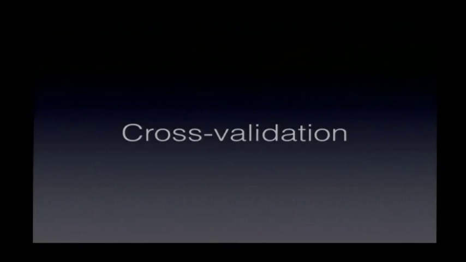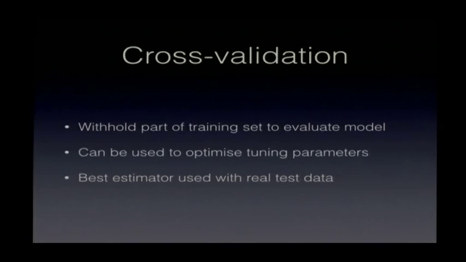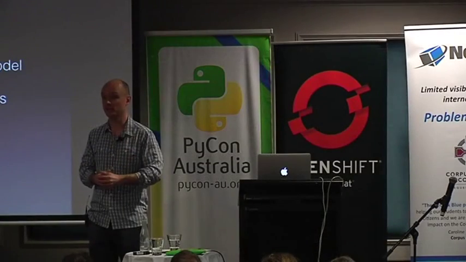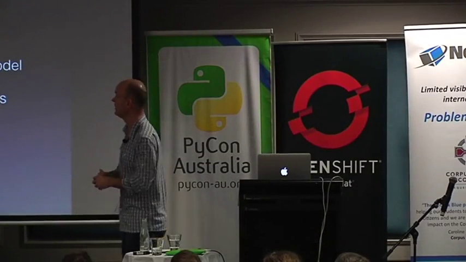Now, I mentioned earlier cross-validation. What's cross-validation? The idea of cross-validation is that instead of training the model on your entire training set of data, you train it on part of the training set, and then you use the rest of the training set to test how effective it is, to test how good it is.